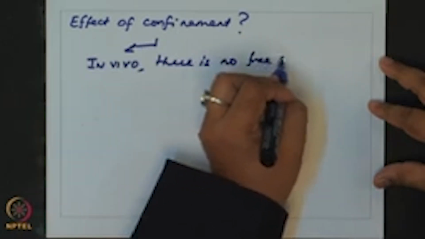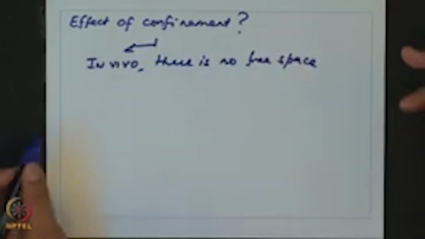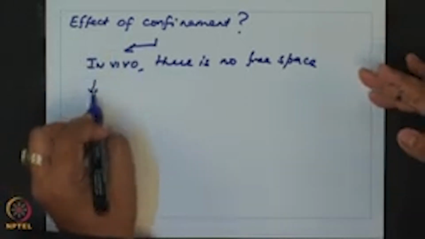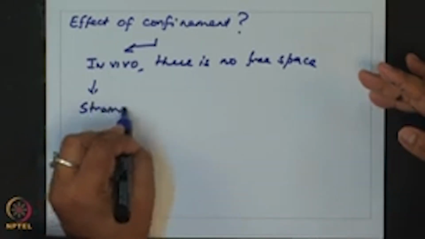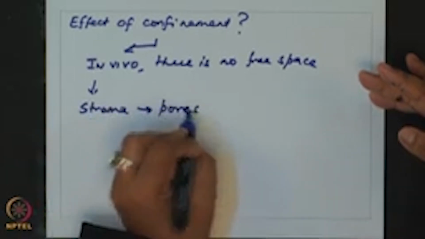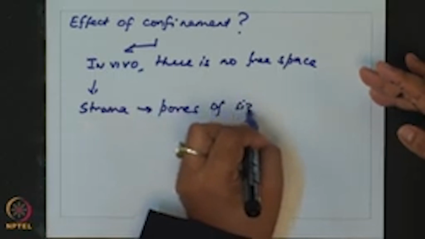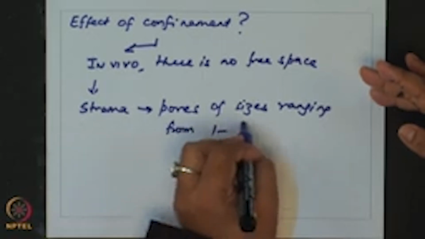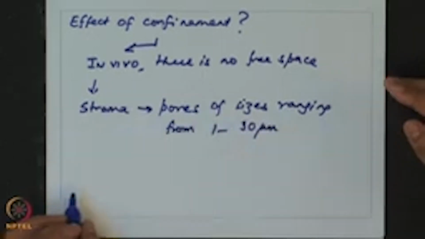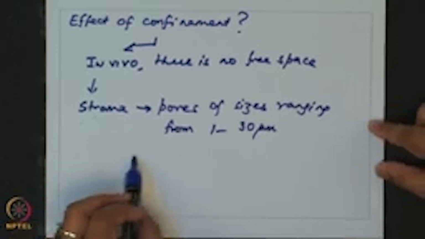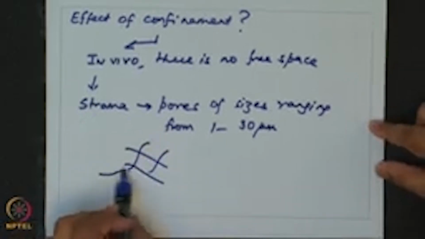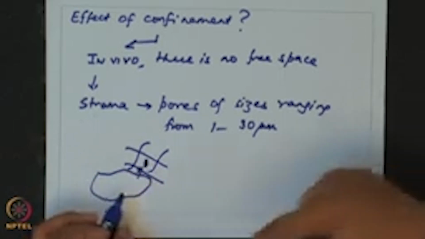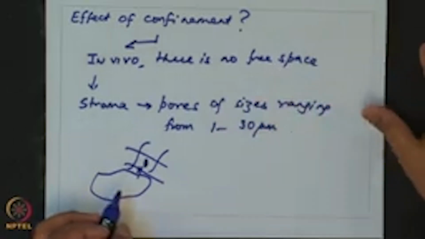The same process will happen inside some ECM or the stroma, which has pores of sizes ranging from 1 to 30 microns. So, how will the process happen when the cell is tracking the bacteria through this matrix, where the cell has to actually squeeze through this confinement?